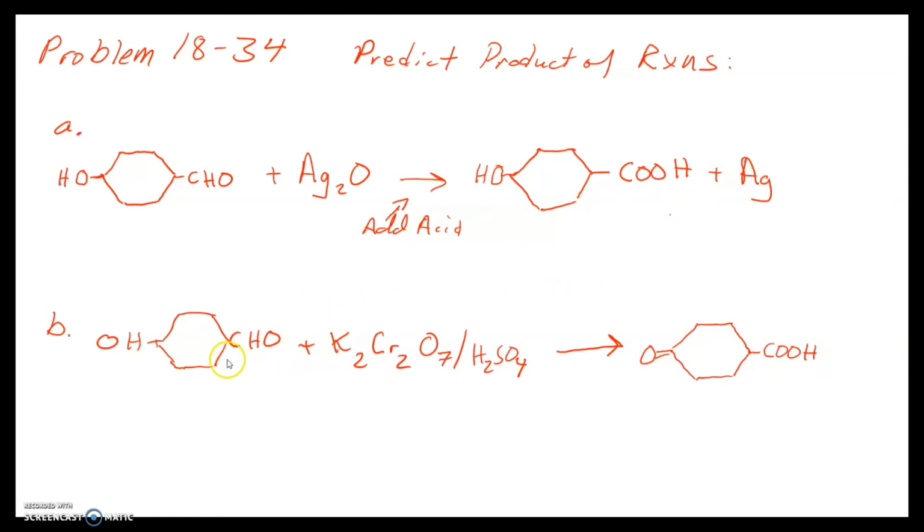And here, this is what happens when you treat the aldehyde with a strong oxidizing agent. You get your aldehyde oxidized, but at the same time, any other functional groups that you may have that are susceptible to oxidation will oxidize also. Like in here, there is an OH group, and the OH group got oxidized also. But in this case, the OH group did not get oxidized.